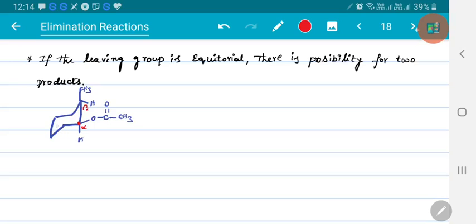Of course this is also beta. So at beta there are hydrogens. One hydrogen is at the axial position and another hydrogen at the equatorial position. Here this is the hydrogen at the equatorial position, right? Now here there will be abstraction of beta hydrogen from this position as well as this position. Both have equal possibility, right? Because here this hydrogen is on the same side, and here this hydrogen at the equatorial position is also on the same side.